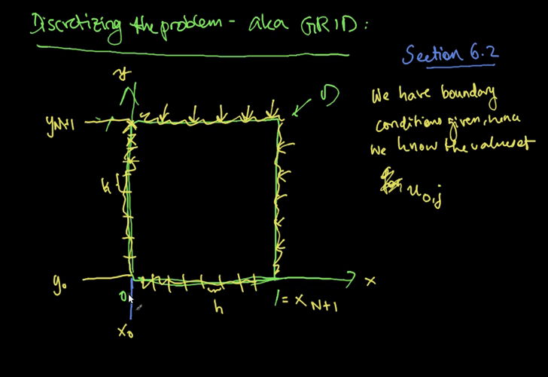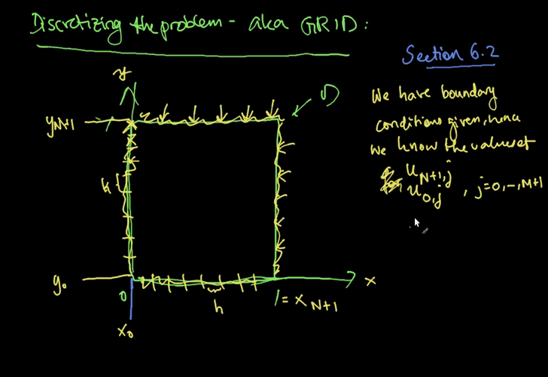for all the j's going from, let's see, I'm getting confused as well. Let's see, 0, that's x0. Okay, so for u0 comma j, for all j's going from 0 to m plus 1. And also we know the values over here, which is u n plus 1 comma j, again for all the j's going from 0 to m plus 1.